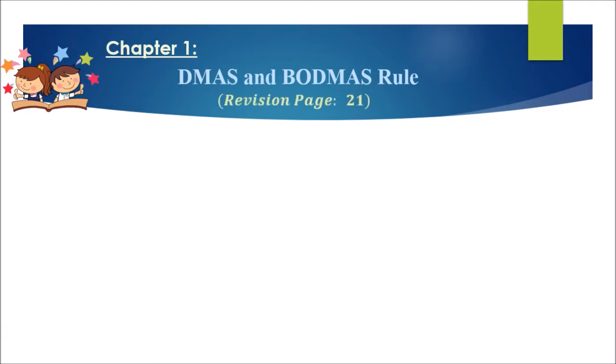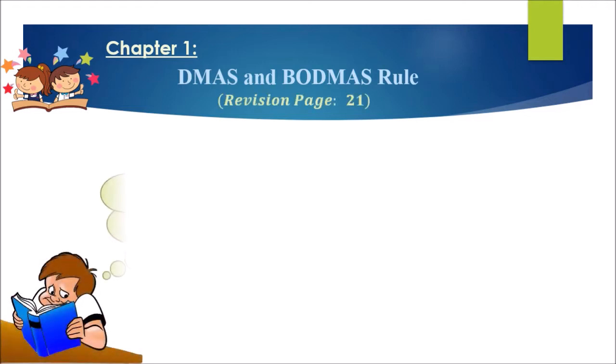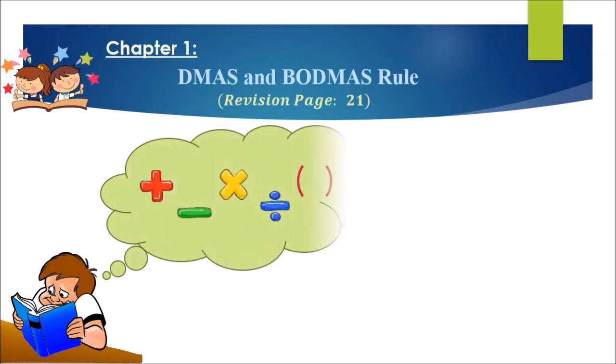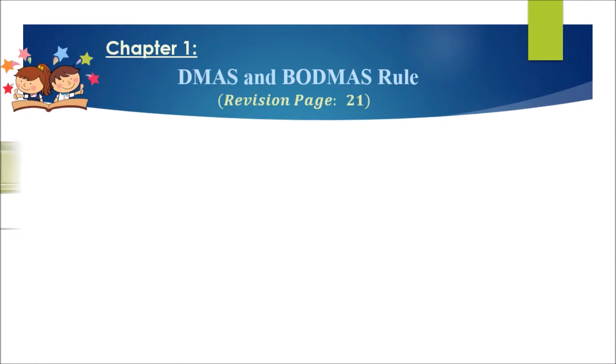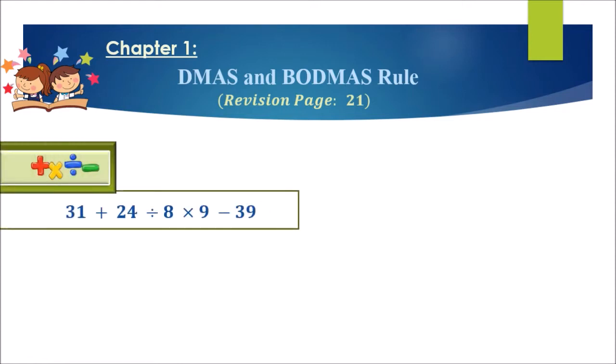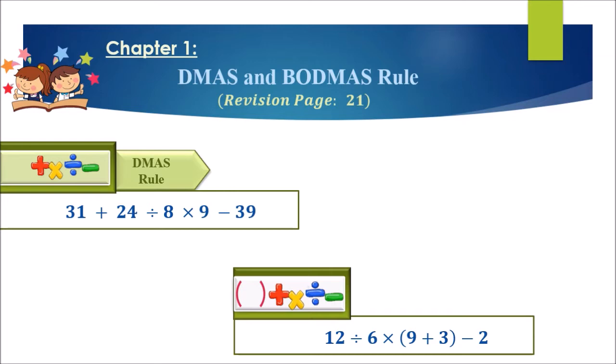Here we will discuss how to solve a mathematical problem which contains multiple operations and brackets. If a mathematical problem contains only multiple operations, we will solve it by using DMAS rule. And when a mathematical problem contains multiple operations with brackets, then we will apply BODMAS rule.